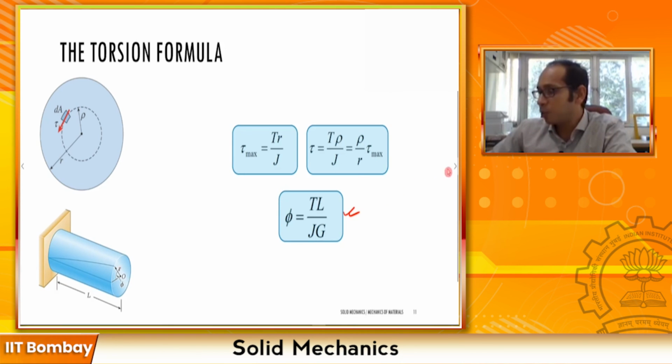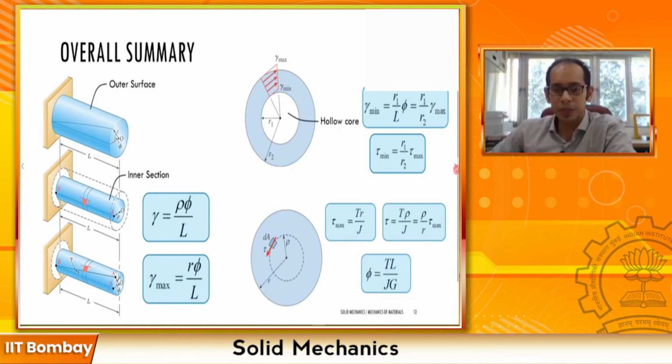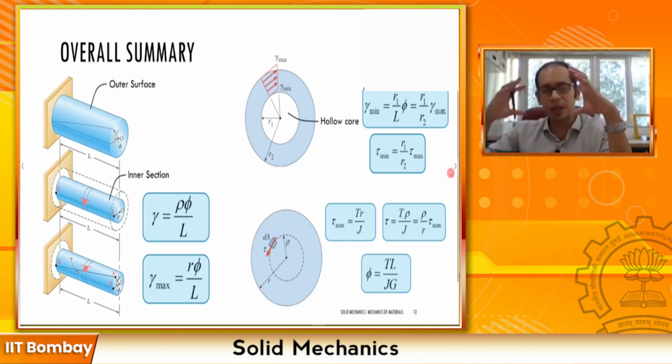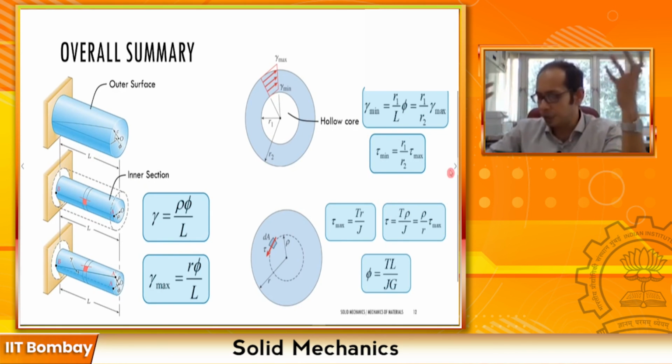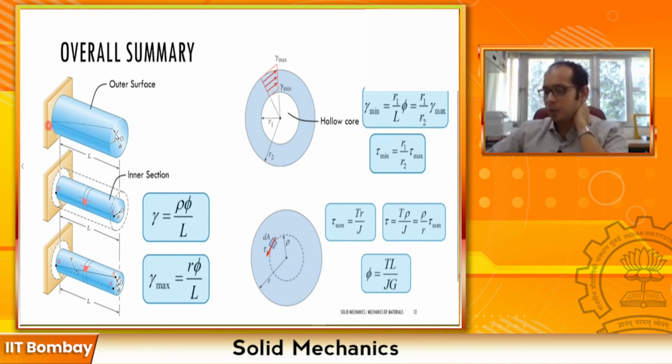Now if you have to bring all the relationships that we studied together, this is the entire summary of this lecture, if you may. We looked at an overall solid circular shaft in which we derived this relationship, first to start with, the shear strain gamma max equals r phi by L. You can use this as well to derive that gamma equals rho divided by r times gamma max.